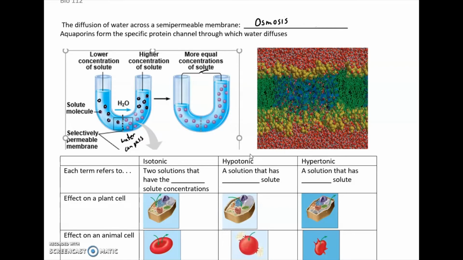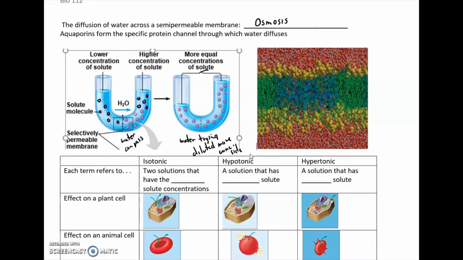Of course, water doesn't think about doing anything, but I like to think that water is trying to dilute the more concentrated side. So it will move toward the more concentrated side.